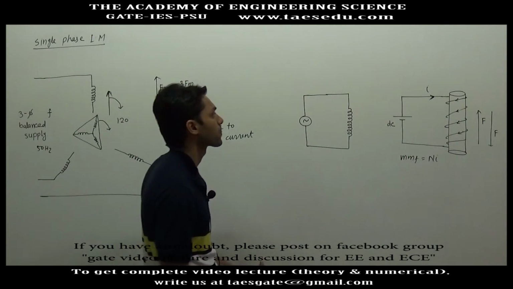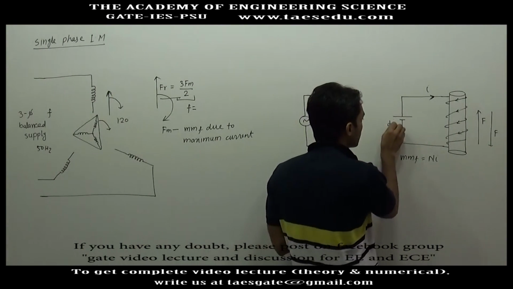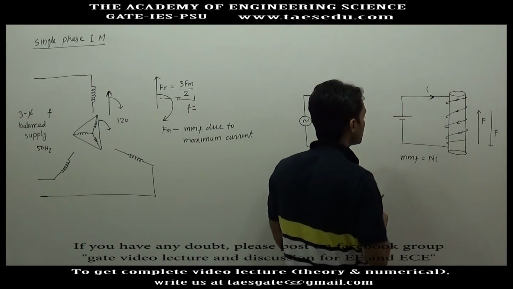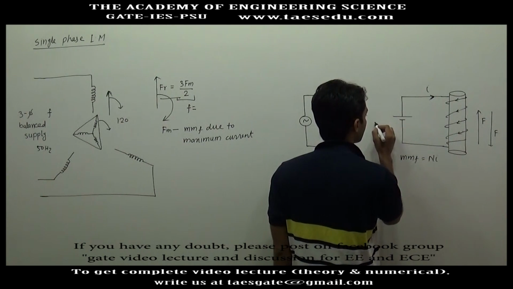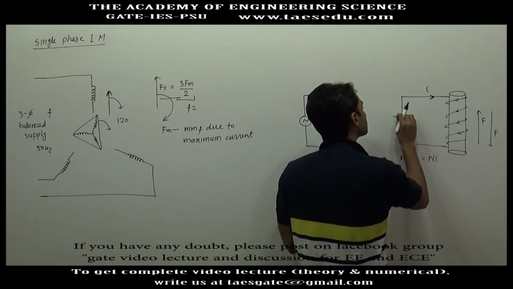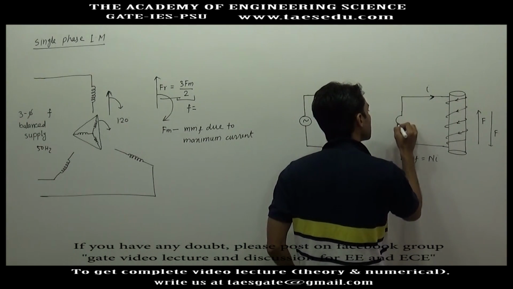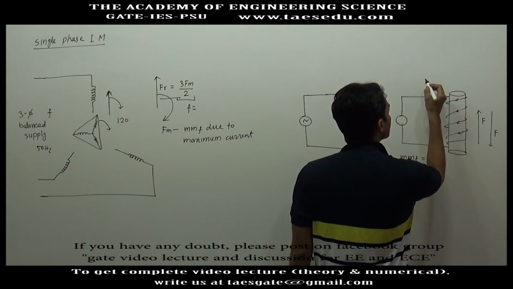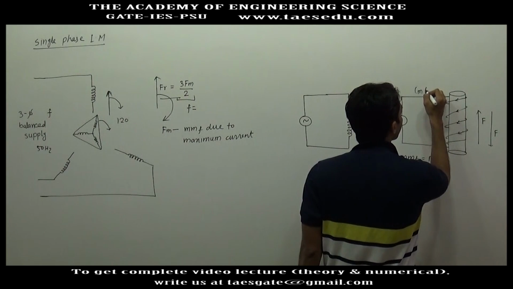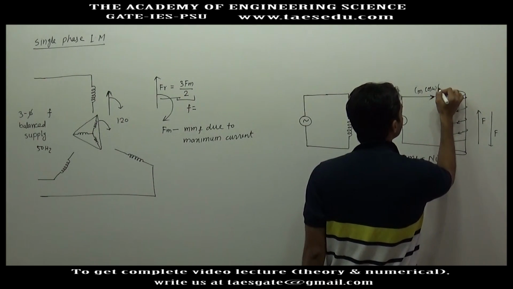In the next case, if instead of DC supply we give an AC supply, due to this AC supply we have a current here, Im cos omega t.